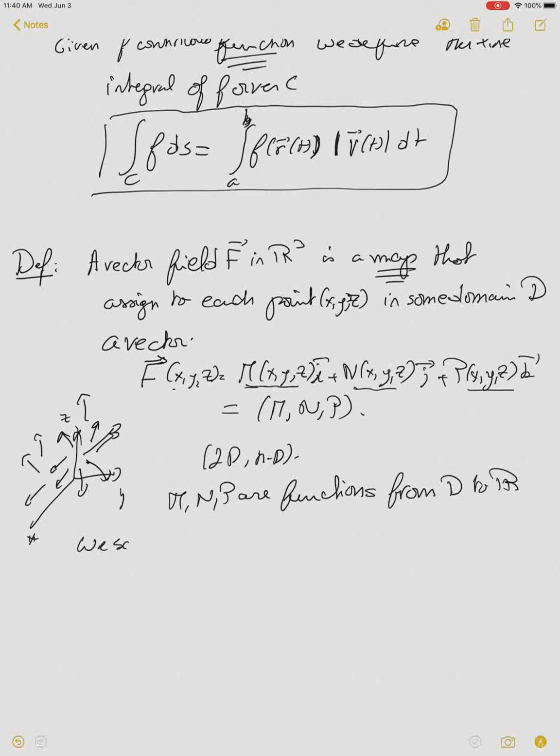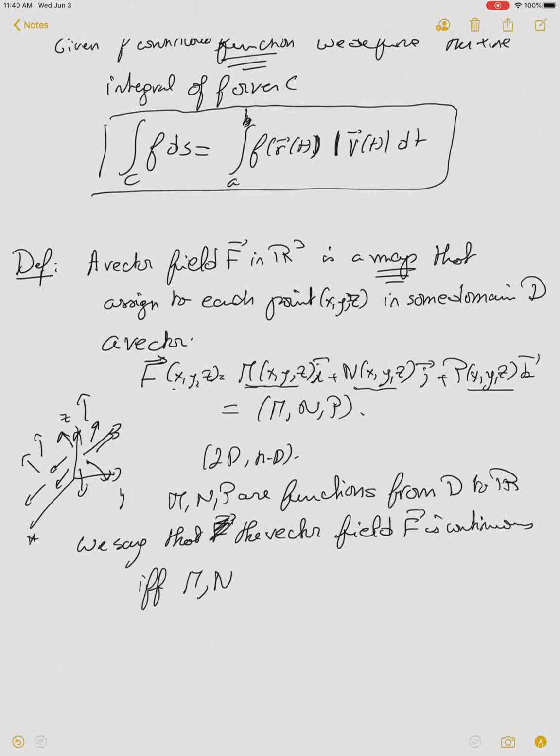We say that the vector field F is continuous if and only if M, N, and P are continuous functions.